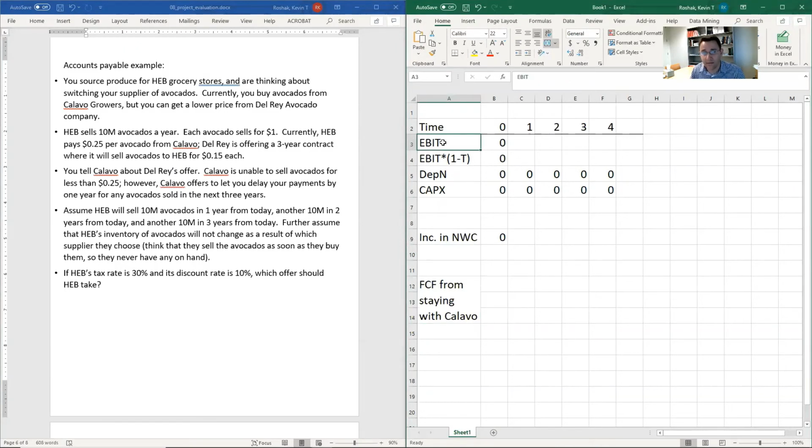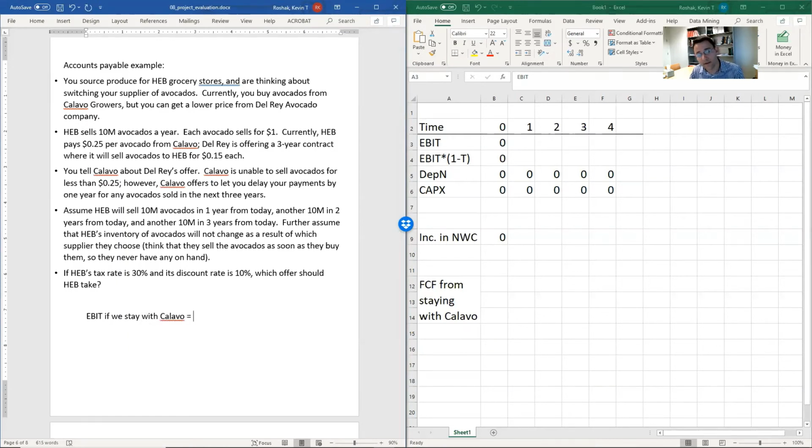How is that going to affect our profit? Well, our profit's basically going to go down by 10 cents per avocado. Right? Let's do this even if we stay with Calavo.